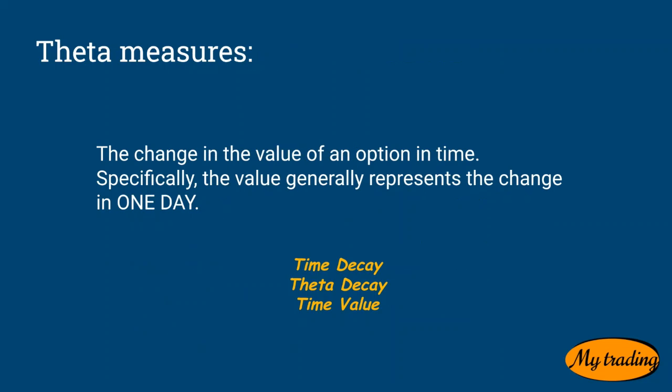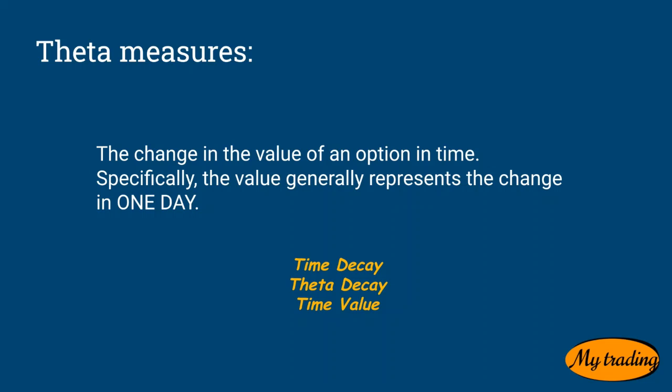Okay, so theta, to get a little more specific on the definition, it measures the change in value of an option as time passes. To be specific, as 1 day passes, right?